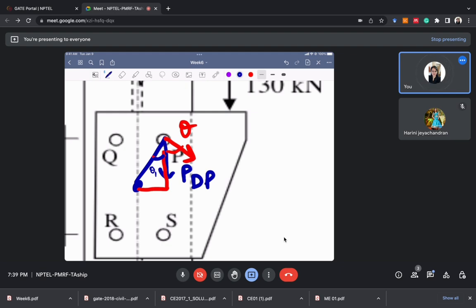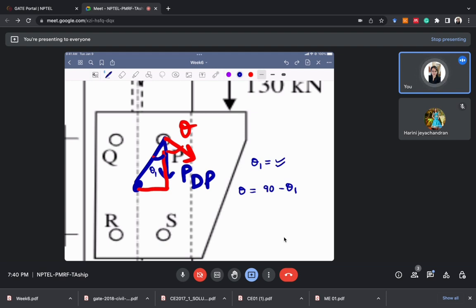If I calculate theta 1, what will be the value of theta? Theta will be 90 degree minus theta 1, because this entire angle was 90 degree, right? So let's calculate theta 1.